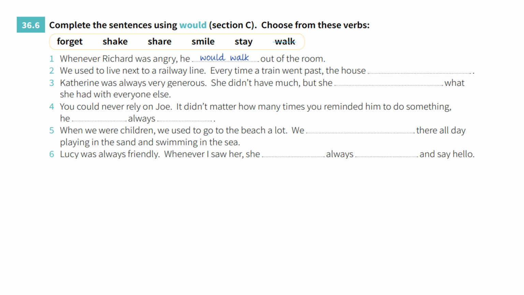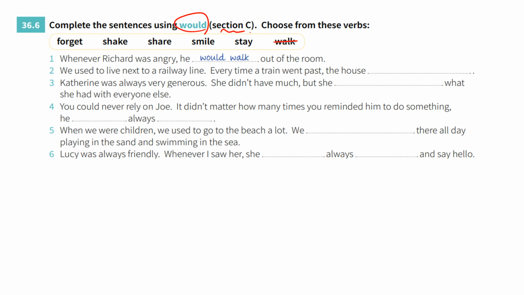Complete the sentences using would, the meaning in section C, and choose the word from the verbs: forget, shake, share, smile, stay, and walk. Walk is already used. Whenever Richard was angry, he would walk out of the room.